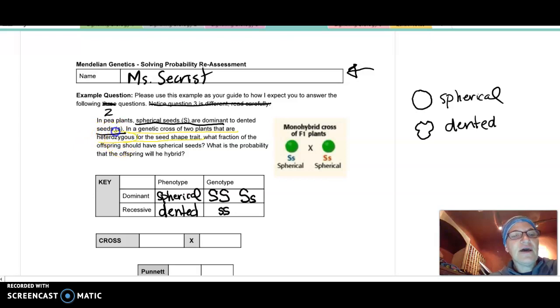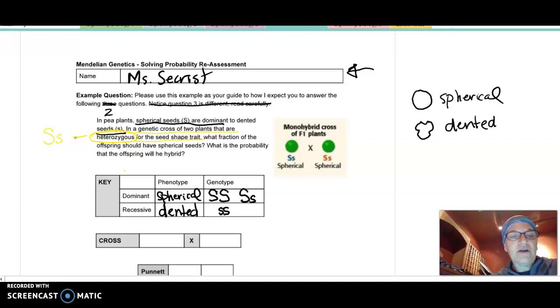Heterozygous, you have to know what that word means. Go back to your vocab if you need to. Hetero is not the same, as opposed to homo, which would be the same. So heterozygous means that the 2 alleles are not the same. They would have one big one and one little one, because those are not the same.